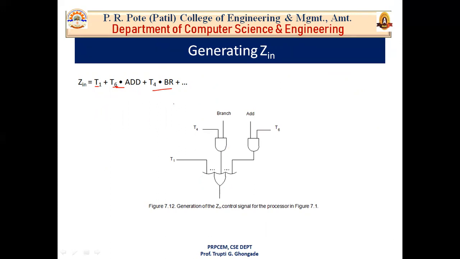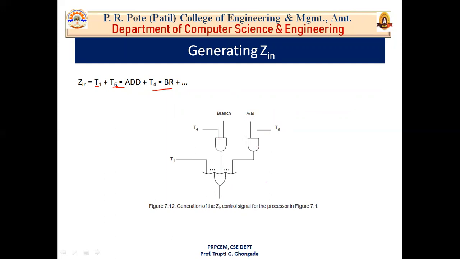After that, T6 into add, so this T6 is given to this AND gate along with add. Dot is used for the AND operation. And then T4 into BR. This BR stands for the branch instruction. All these inputs are given to the OR gate. So Z in equals T1 plus T6 into add plus T4 into BR.